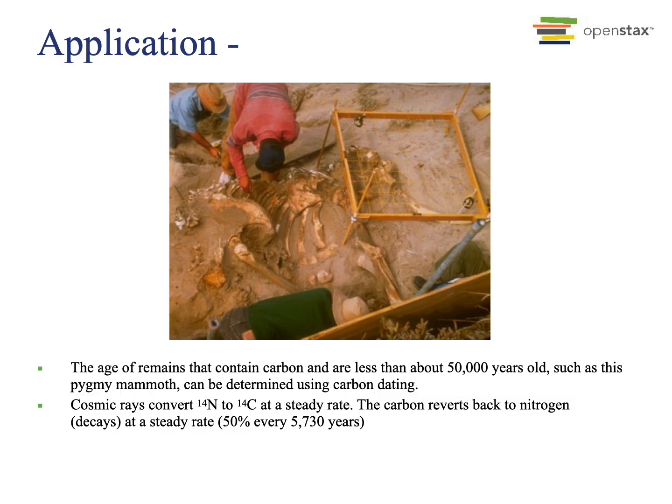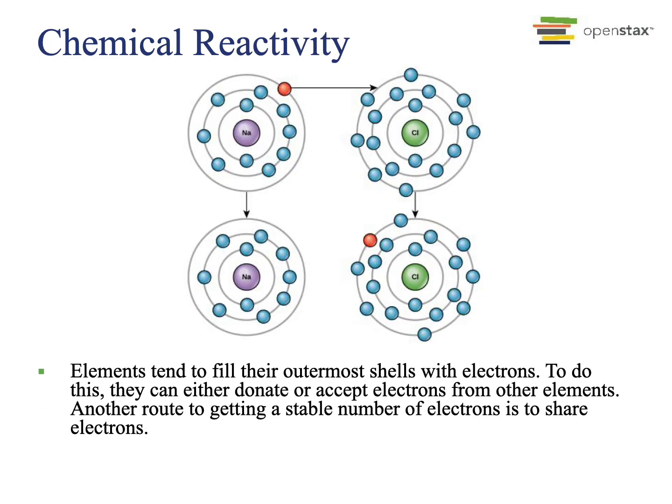So in the environment, we know that that occurs in a certain amount. But once those carbons are incorporated into organic material, they'll decay back into nitrogen. The rate at which that happens is steady, and we can use that to date bones. The other thing that can vary is electrons. And when electrons vary, that changes the charge of an atom.